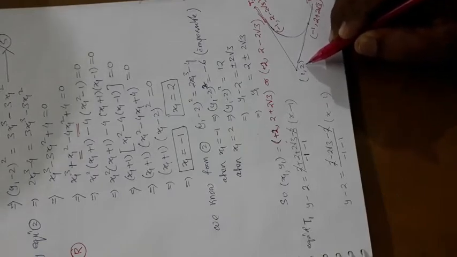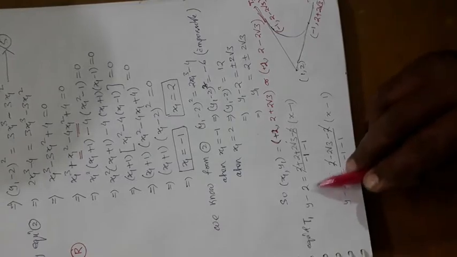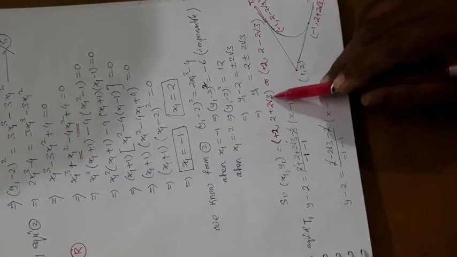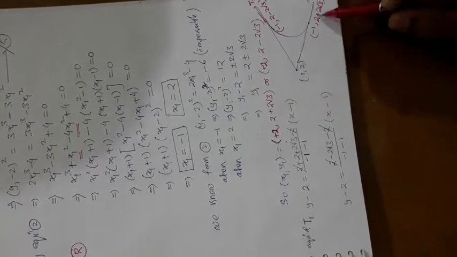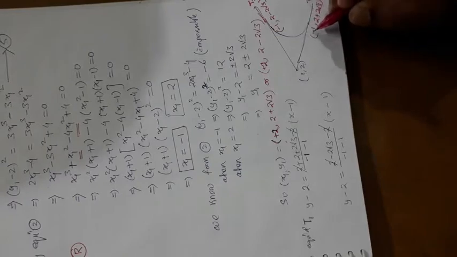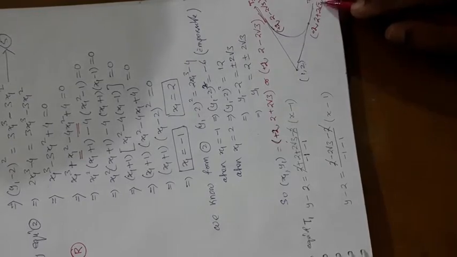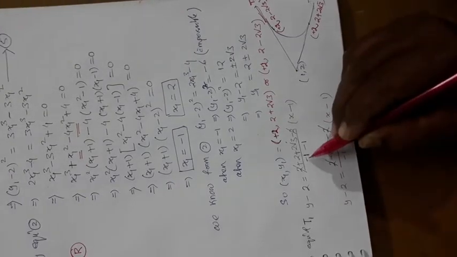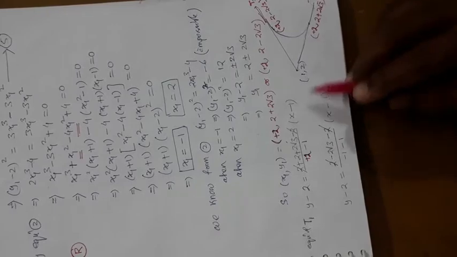So y minus 2, it is the point where we draw the tangent. y minus 2 is equal to slope into, slope means what? (2 plus 2 root 3 minus 2) by (2 minus 1), into (x minus 1).